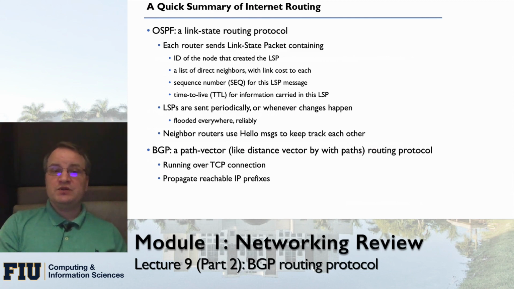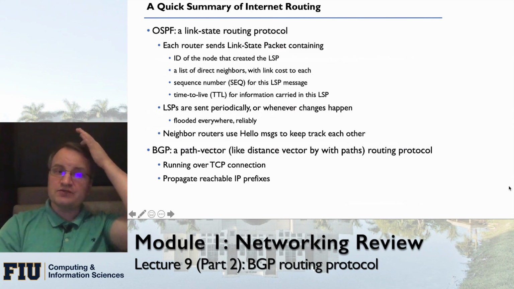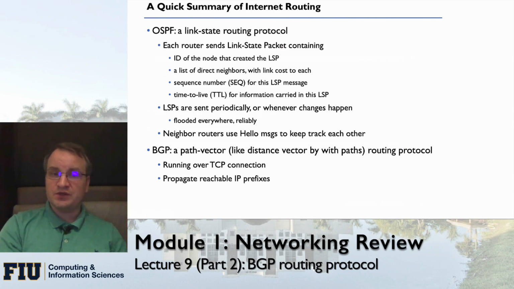And for BGP, again, remember that it runs on top of TCP. It reuses the multiplexing and reliability. It's basically using some form of hard state for the lifetime of the TCP connection, because when the TCP connection breaks, you know the other node doesn't have the same state, and whenever you reestablish the connection, you resynchronize the databases.